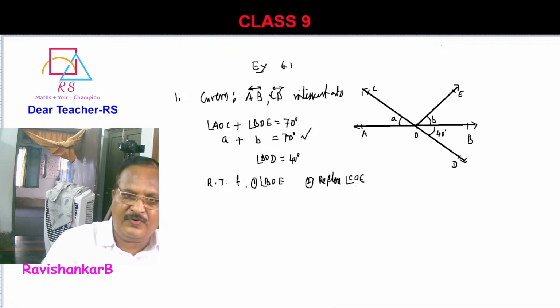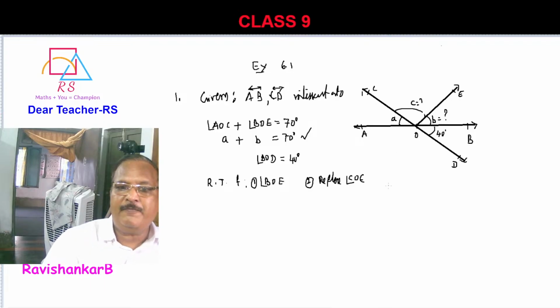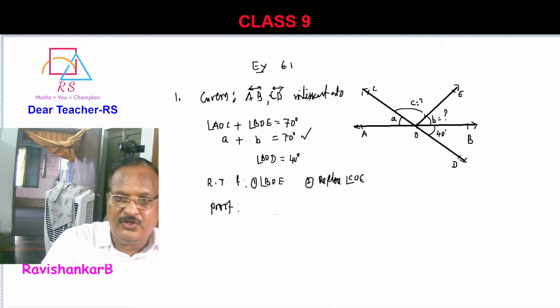That means you have to find out BOE, this one, and COE, let us say this is c. This is also you have to find out. Okay. Now let us go to the solution.